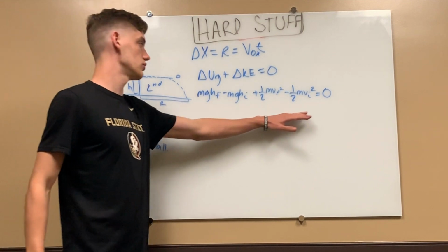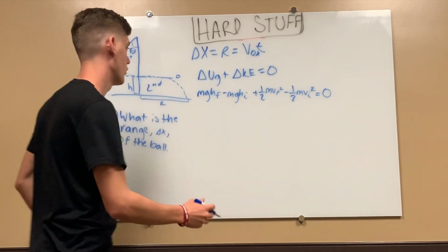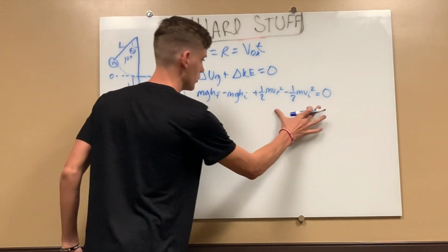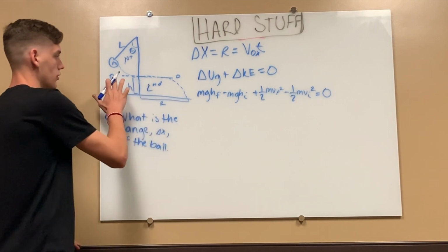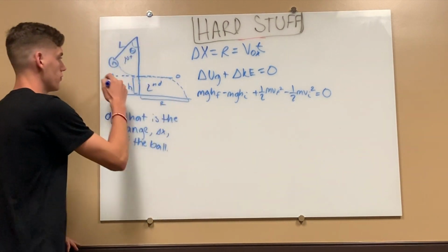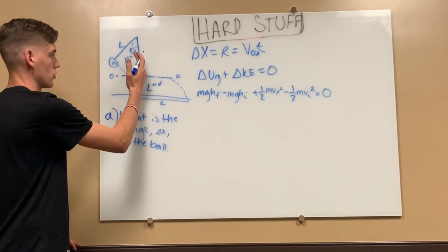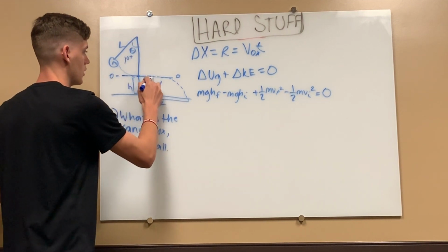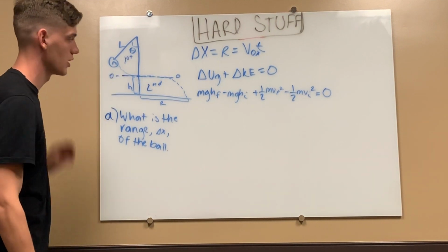So before we go into what all these variables actually equate to, we have to define a 0 for our system, for both systems. So for this in particular, we're going to define our 0 to be as soon as this mass and the string hit the vertical. So this right here is going to be our 0, and we have a height h below.